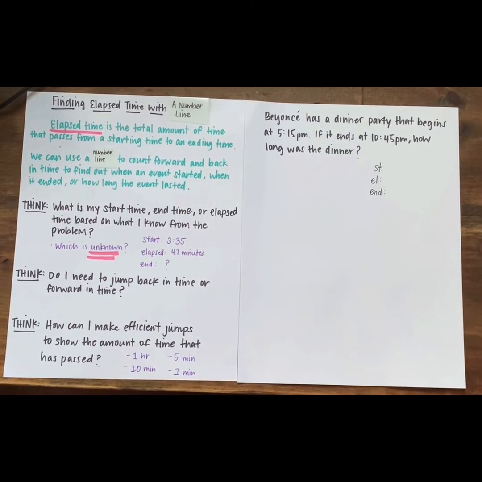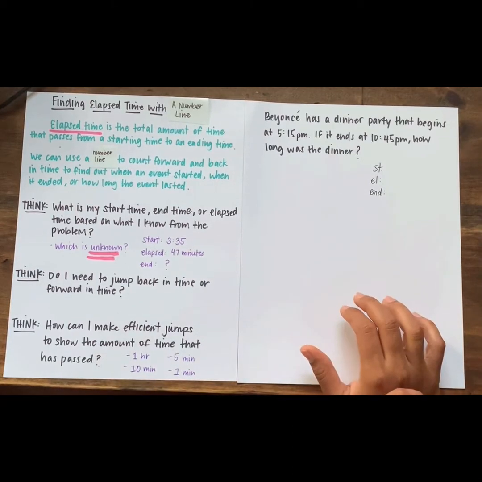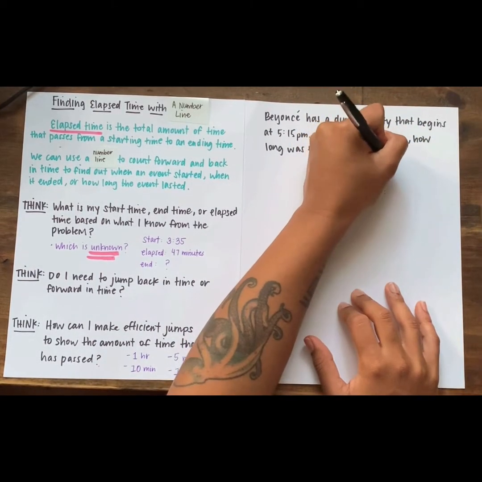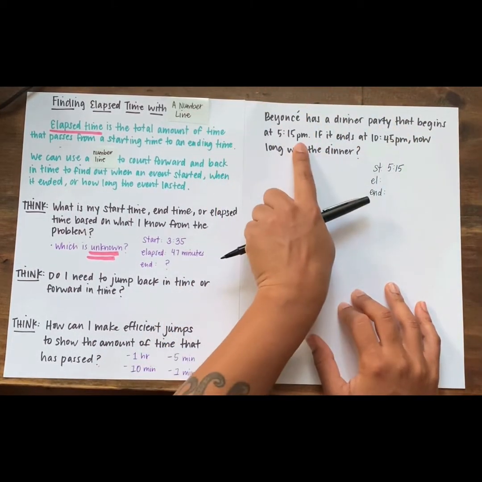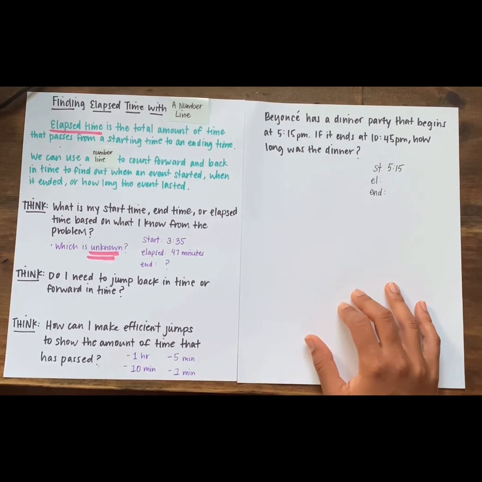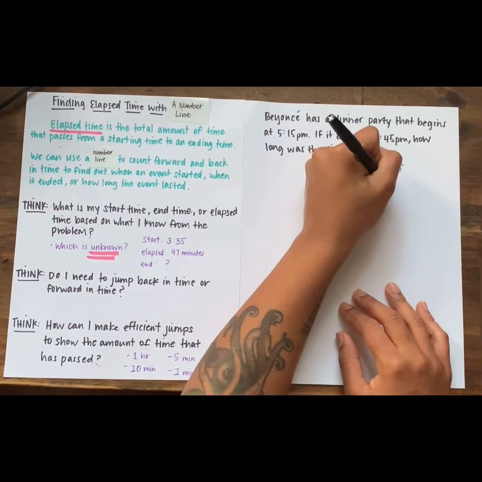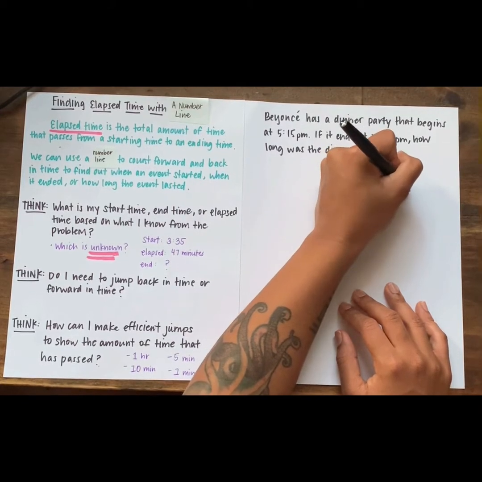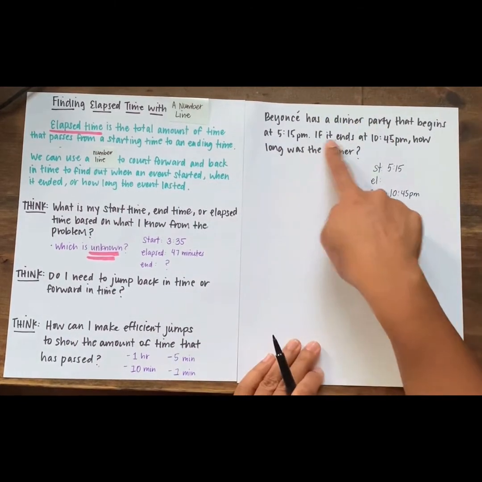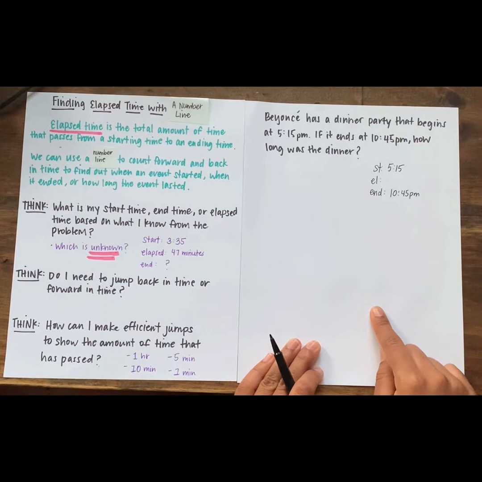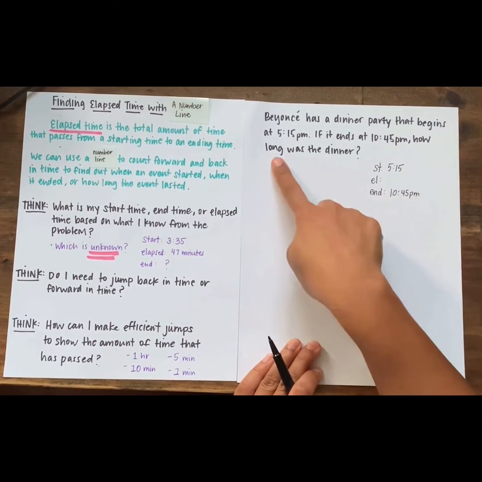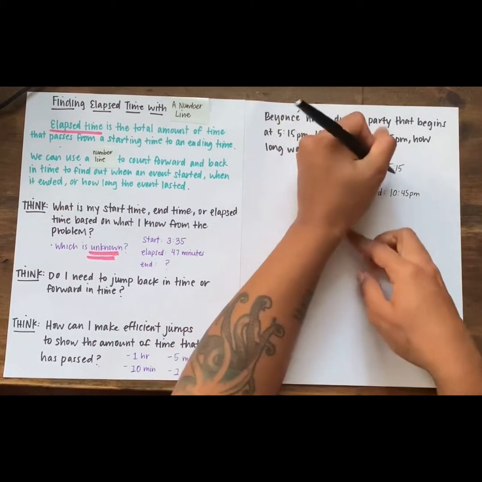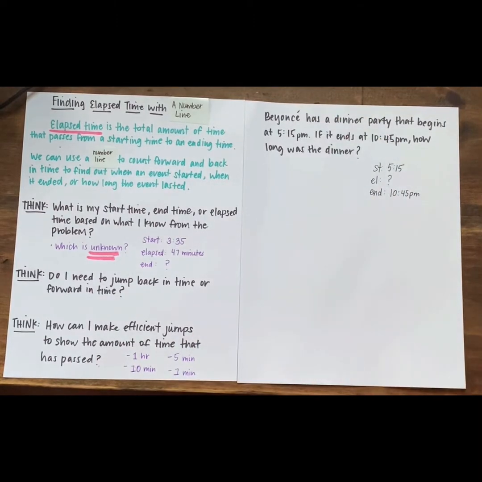I heard you say you wrote down 5:15 as the start time because that's when Beyonce's dinner party starts. You wrote 10:45 p.m. as the end time because in the problem it says that's when it ends. The big question is asking us how long was the dinner? So our elapsed time is the unknown or what's missing.